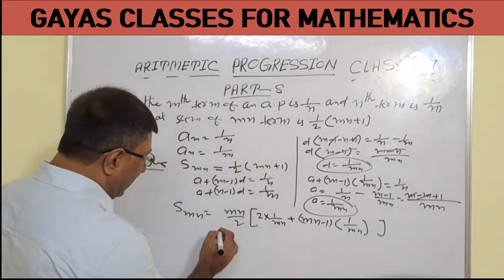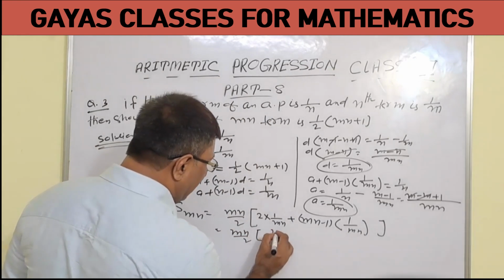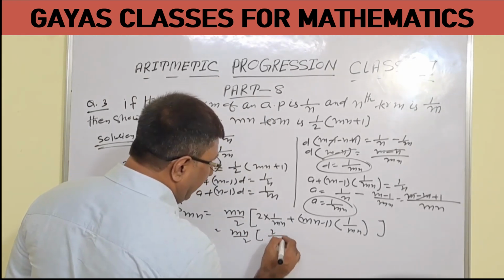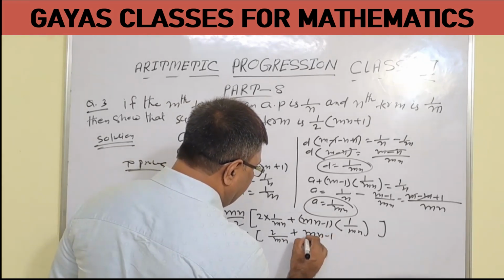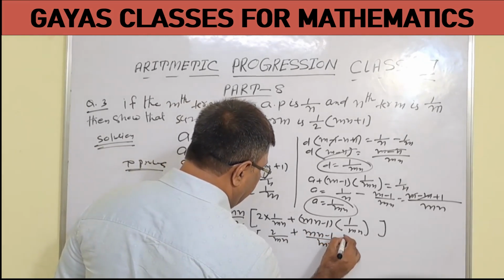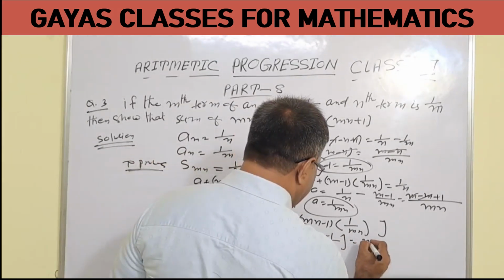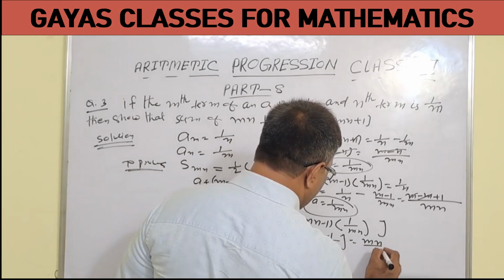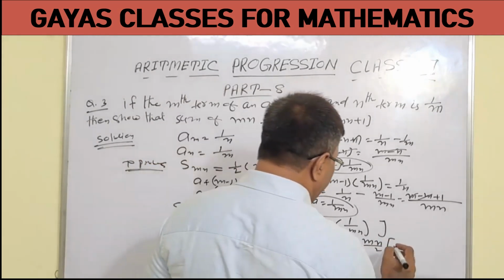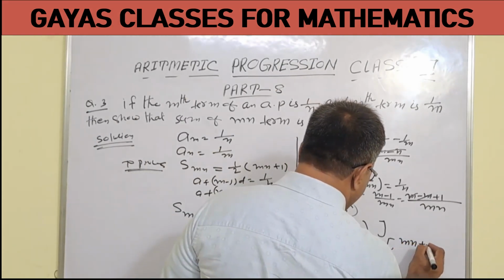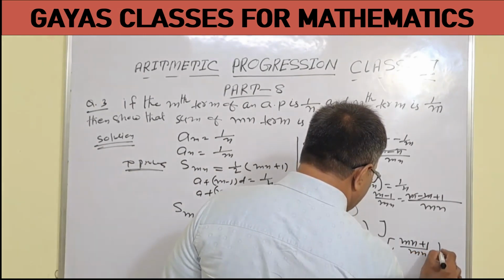So when we solve this, this is mn by 2 and this is what? 2 upon mn, and here mn minus 1 upon mn, right? So we can write here mn by 2 into, here 2 minus 1 is 1, so mn plus 1, and divided by what? mn, right?